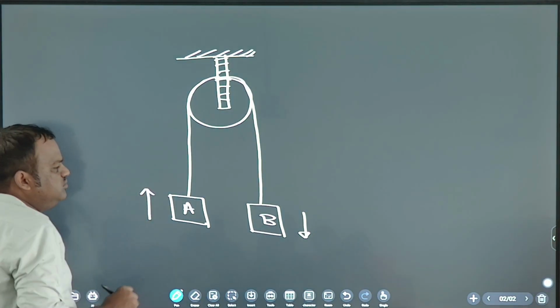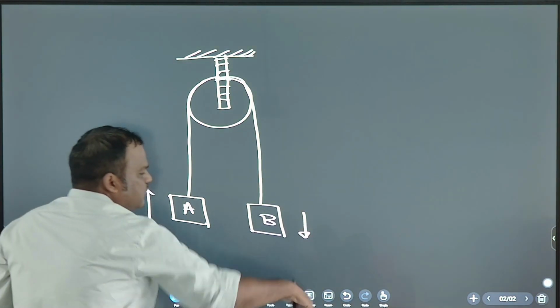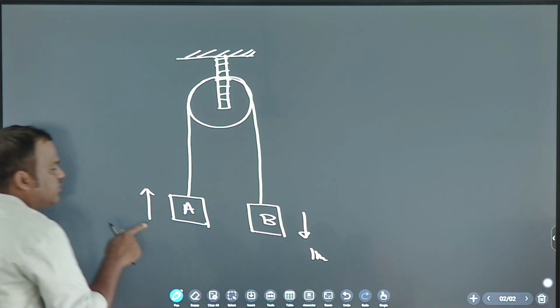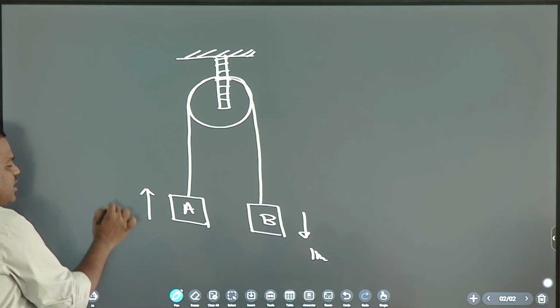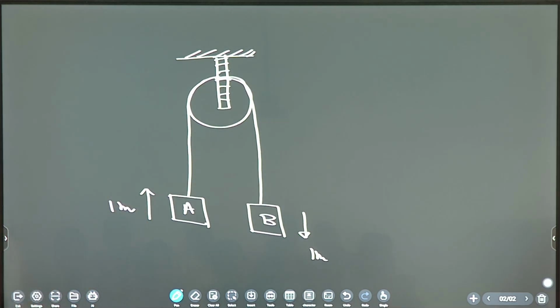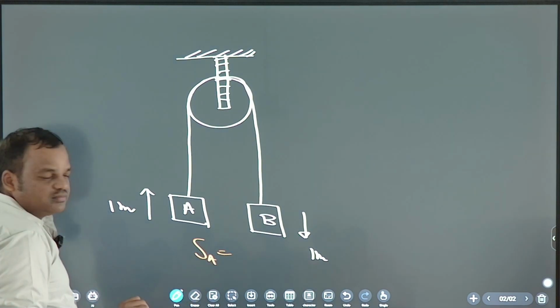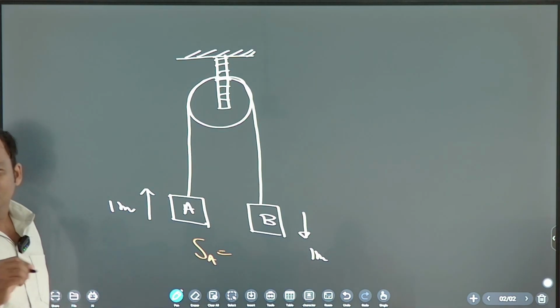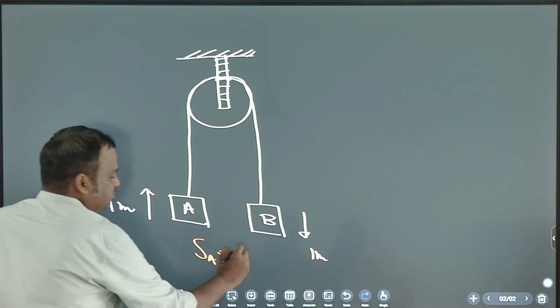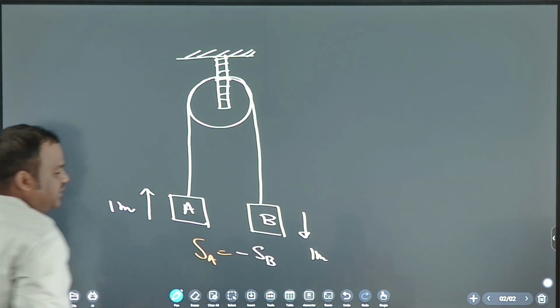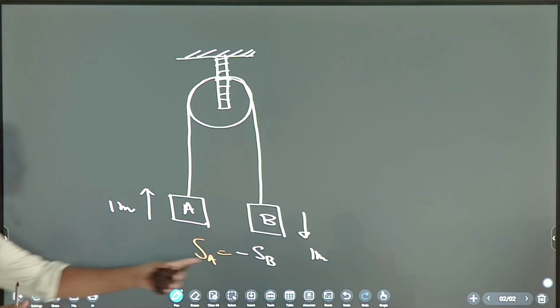Upward. Very good. Suppose B moves down by 1 meter, so A will move up by 1 meter. So you can say displacement of A is equal to displacement of B or minus of displacement of B? Minus. Correct. Good. Displacement of A is minus of displacement of B.